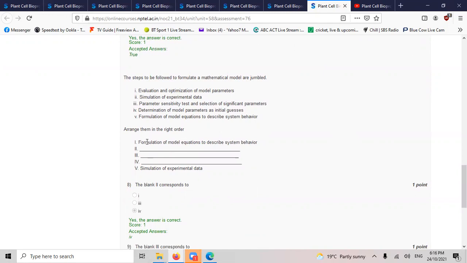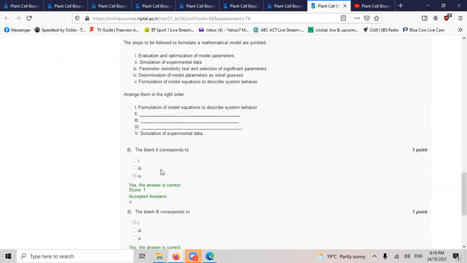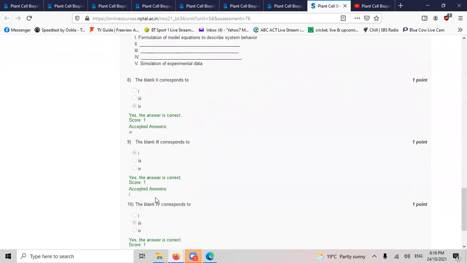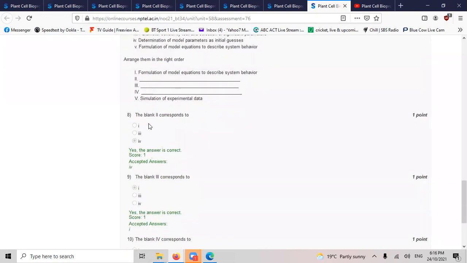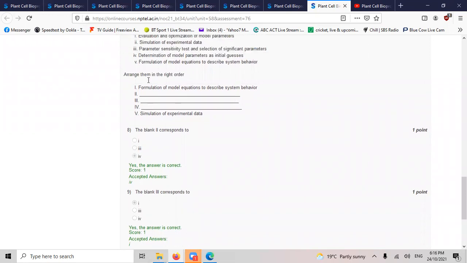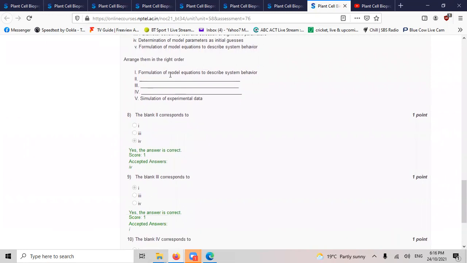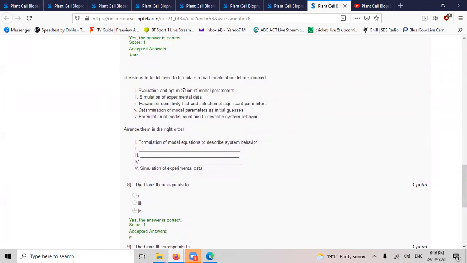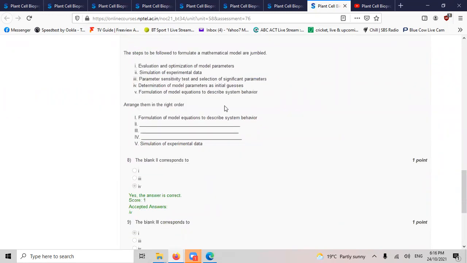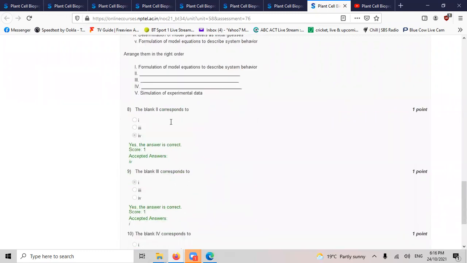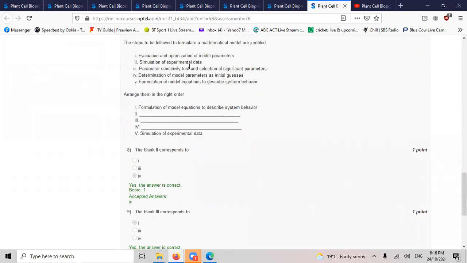Number one is the formulation of an equation, and then number two is determination of the model parameters, and then number three is evaluation of optimization and model parameters, and number four is parameter sensitivity tests and selection of significant parameters, and five is simulation of the experimental data.